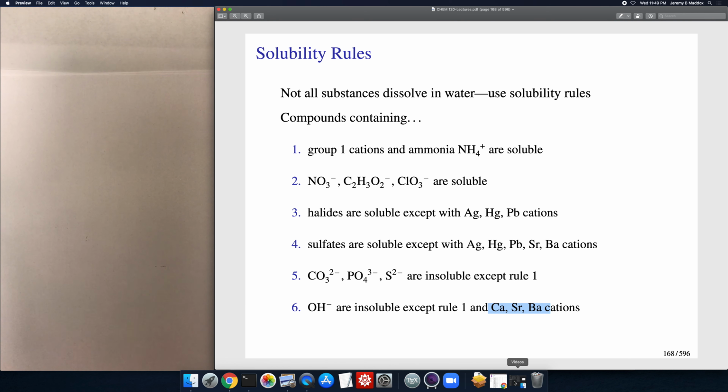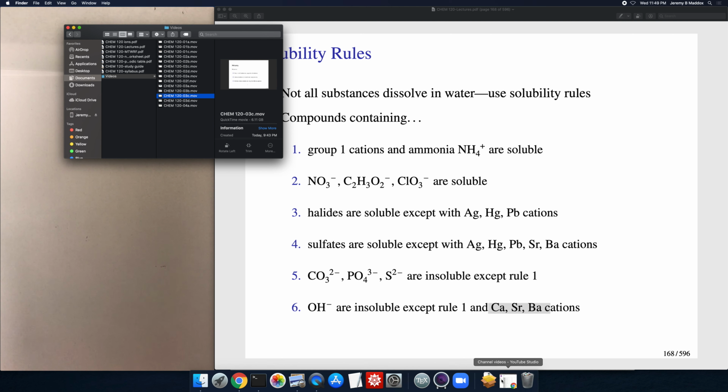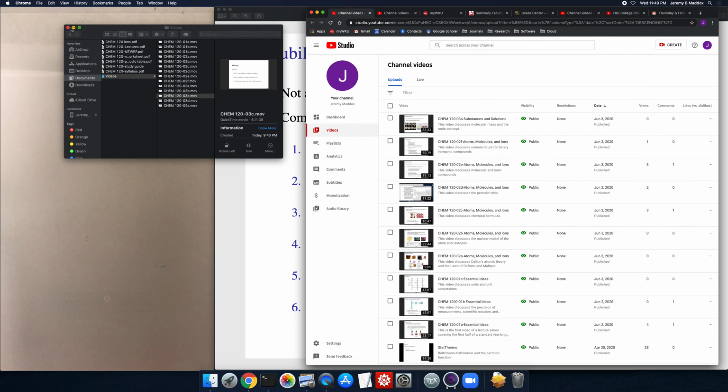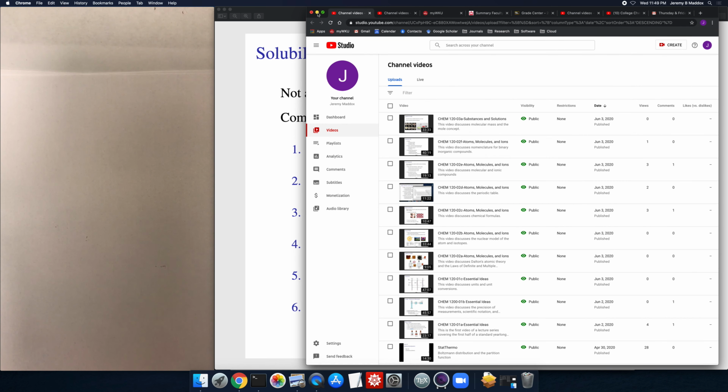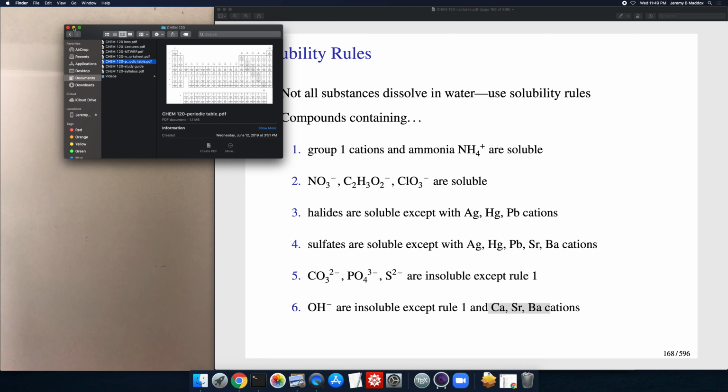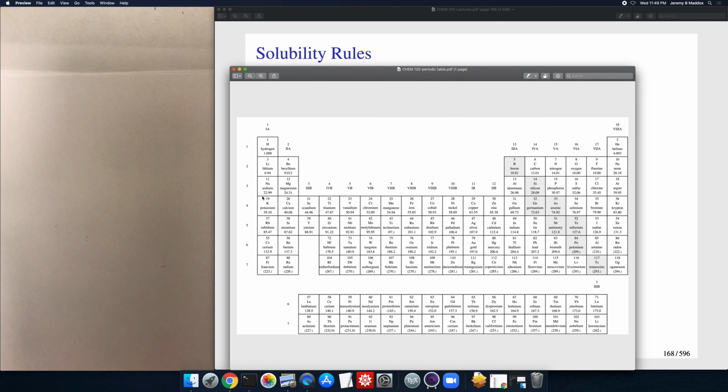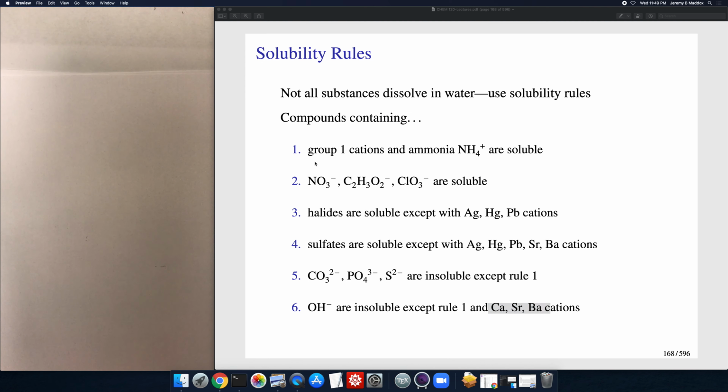Okay, so the rule for hydroxides is that hydroxides are generally insoluble, except for, where'd my periodic table go? Looks like I accidentally closed my periodic table. Get it back. Hydroxides are generally insoluble, except for group 1 and calcium, strontium, and barium. All other hydroxides you would regard as being insoluble.